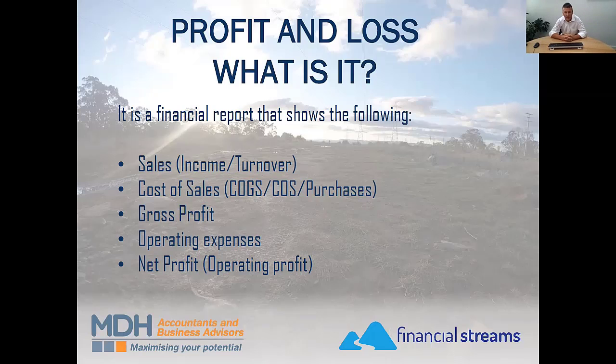It could be a net profit before tax, or if it's a company, then you would have income tax taken into account. All these figures in a profit and loss are also ex GST. So if you are registered for GST, then that GST portion of the sales or your purchases gets tied away on your BAS statement, and it's all ex GST. If you're not registered for GST, then obviously it's just the figures as they appear.